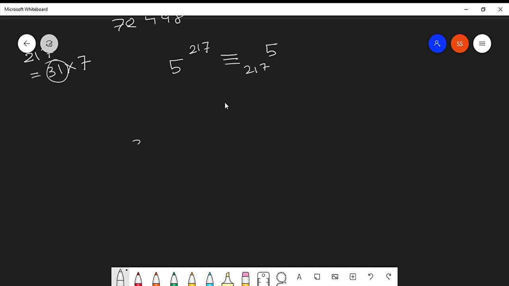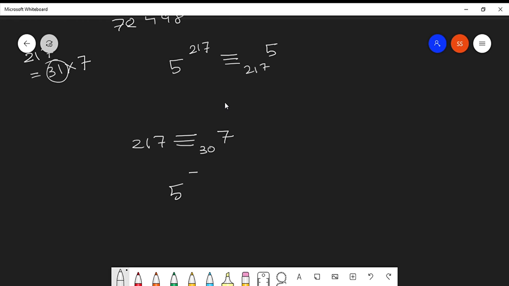So 217, if we actually do congruency mod 30, what do we get? So this is 7 congruent to 7 mod 30. Clear?